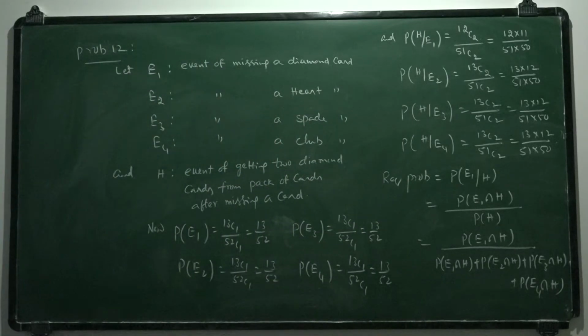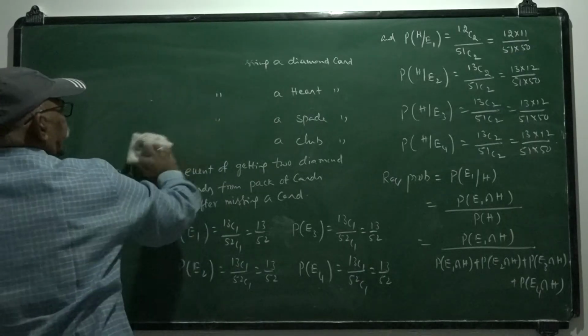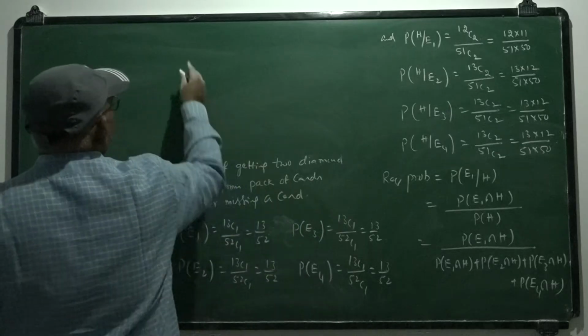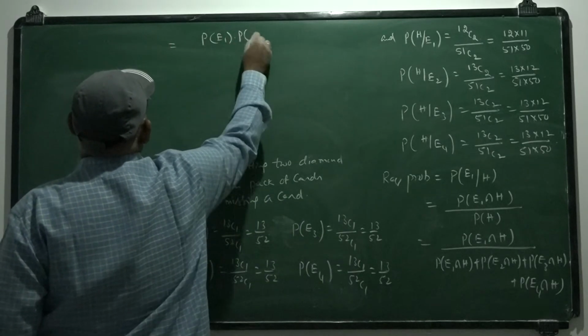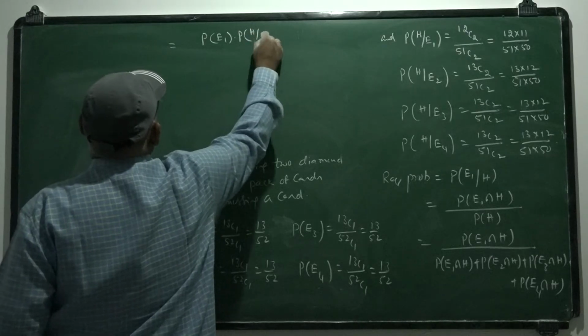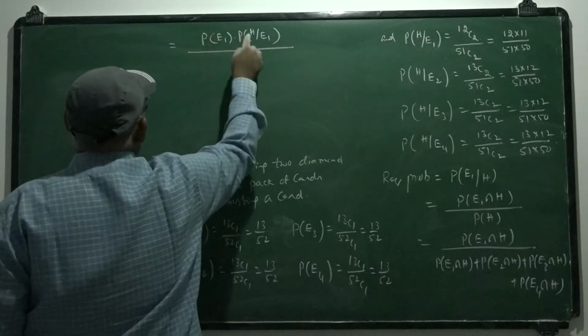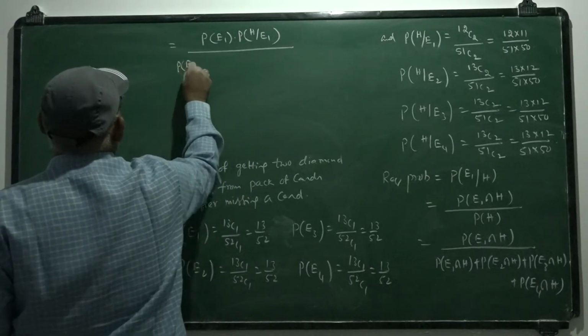So based on this, by the multiplication theorem of probability, this is probability of E1 into probability of H on the occurrence of E1, where a diamond card is missed and then 2 diamond cards are drawn from the pack.